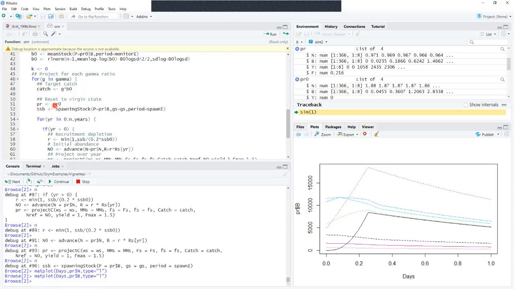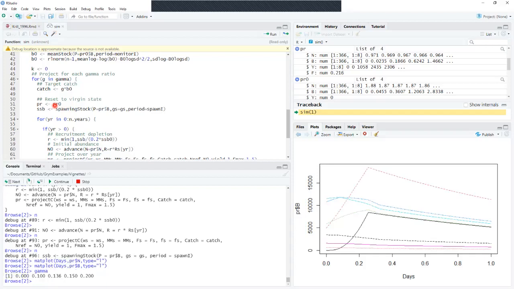So in this way, what's actually happening is for the same initial state and the same sequences of recruitments, it's simulating what would happen to the population if we took out none, then 10%, and then something like 13%. Let's just have a look.